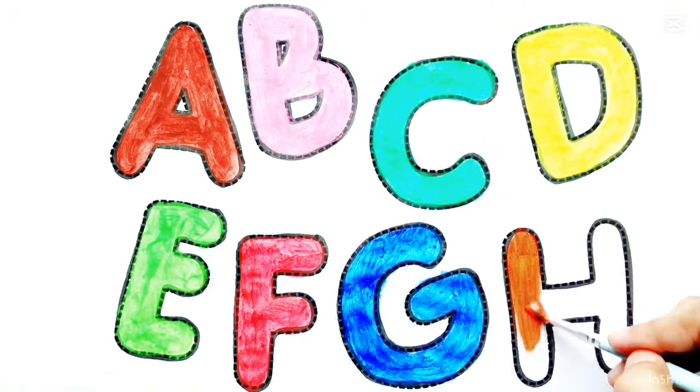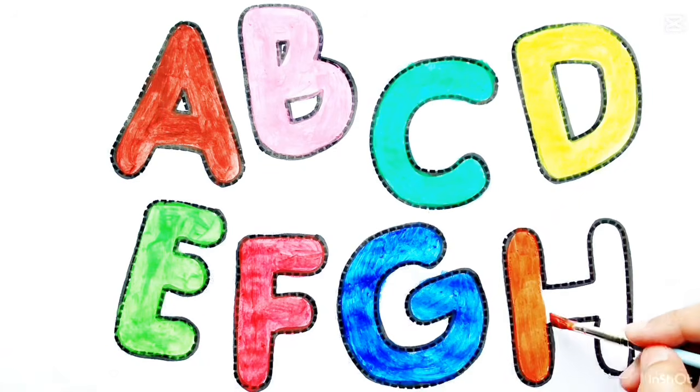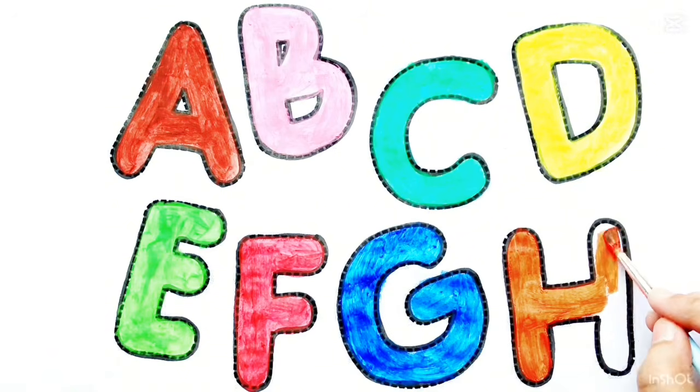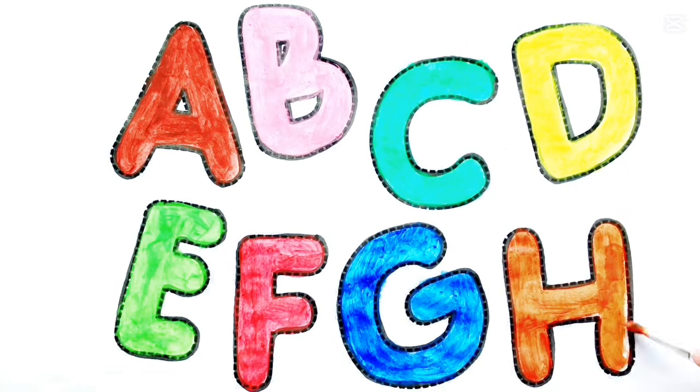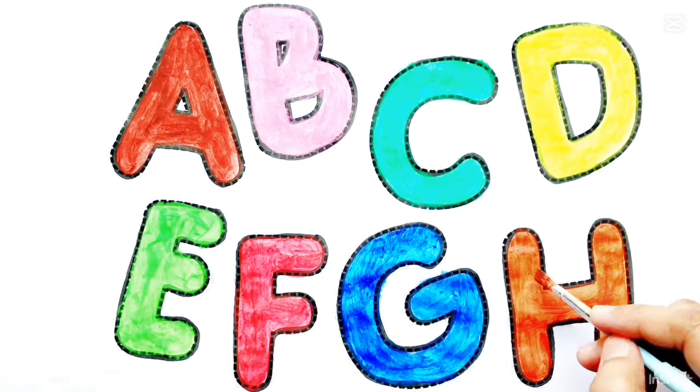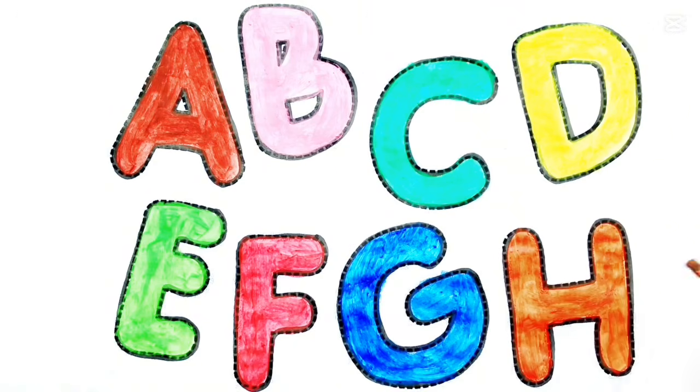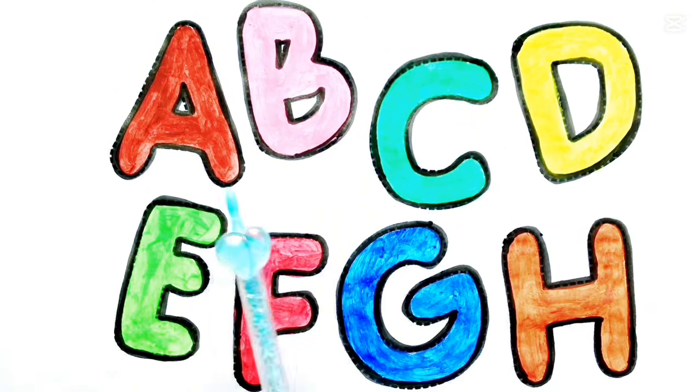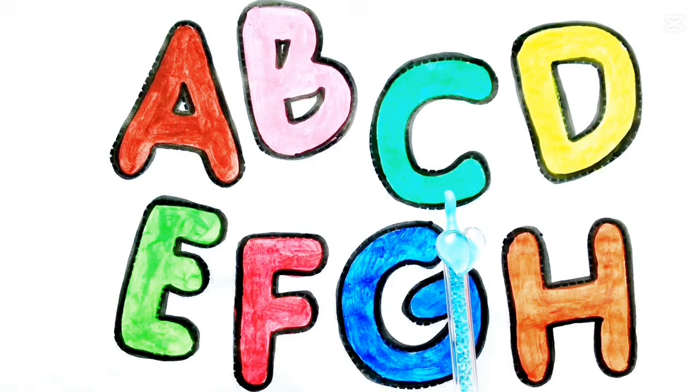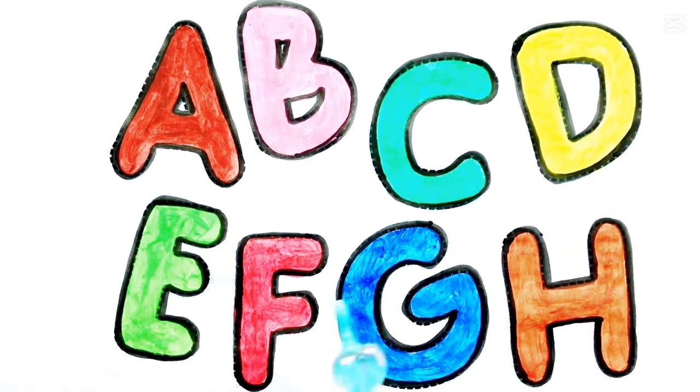Orange color. H for house. Let's repeat. A, B, C, D, E, F, G, H.